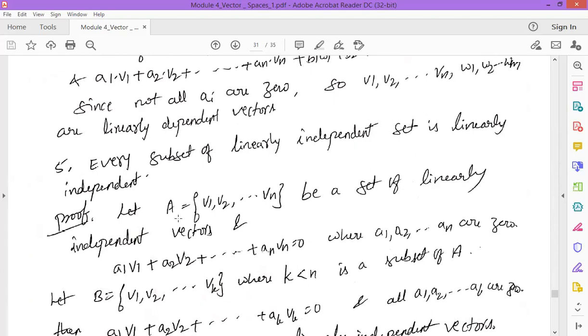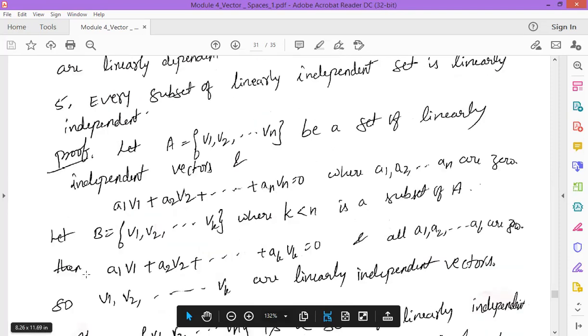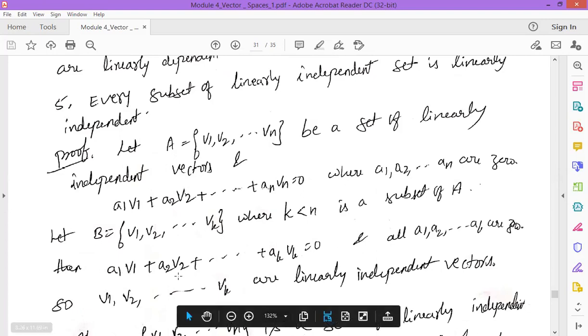So here if we have the set A equal to v1 to vn, a set of linearly independent vectors, and a1 v1 plus a2 v2 and so on is equal to 0, where a1 up to an are 0. Also we are going to consider one more set B equal to v1 up to vk, where k is less than n, which is a subset of A. Then we can write a1 v1 plus a2 v2 up to ak vk is equal to 0.